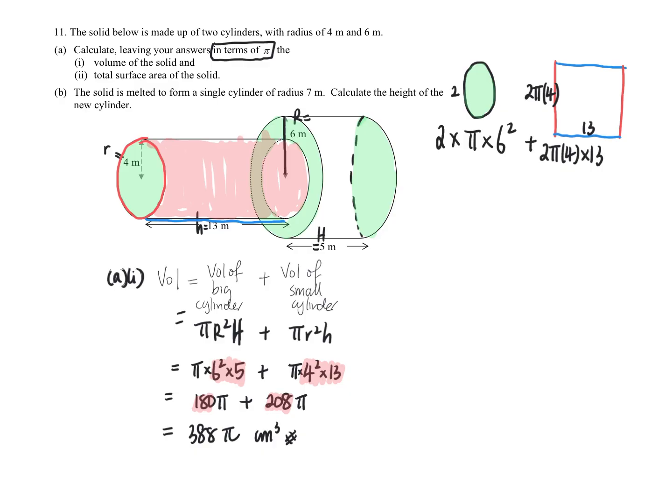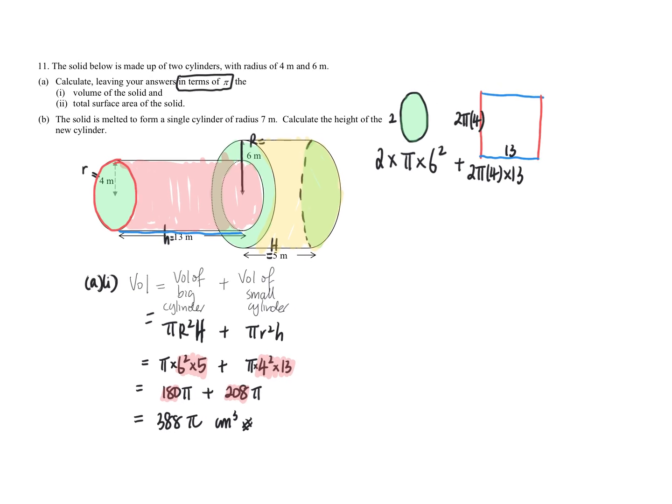Next is the next toilet roll that I need to unroll, which is the yellow one here. I also need to unroll this piece, which is also a rectangle. If I unroll this, I know that the circumference is bigger. It's 2 pi r.